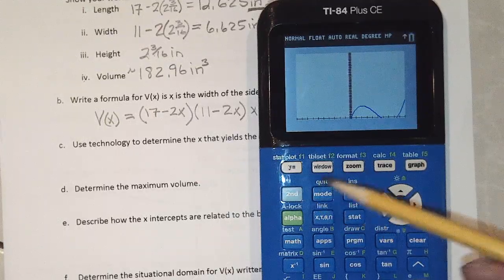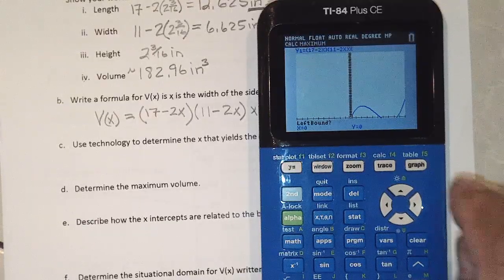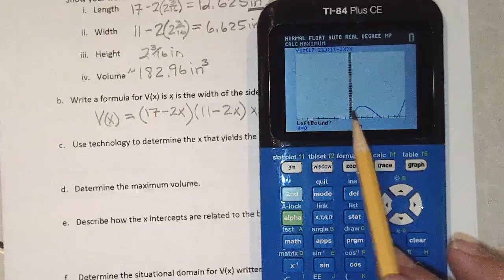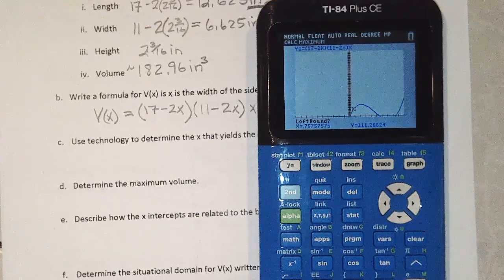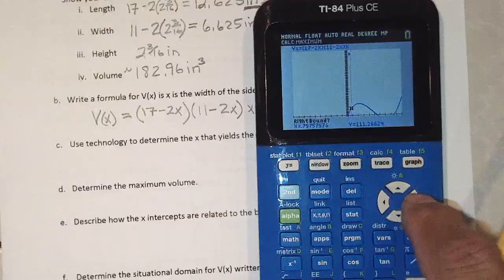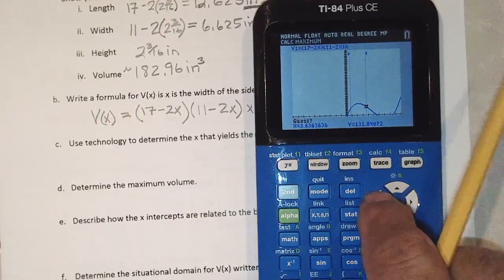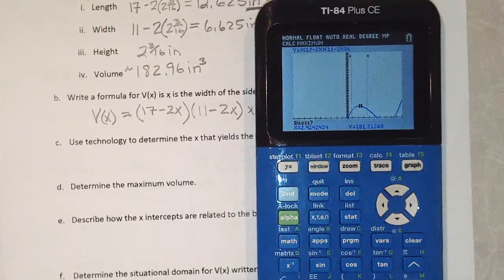On the calculator, you go to second, calculate, maximum, and I have to tell it where to look because there's other places that might be high. So I want to look between there by pressing enter and move over to the other side and press enter and come back. And I think the max is somewhere around there.